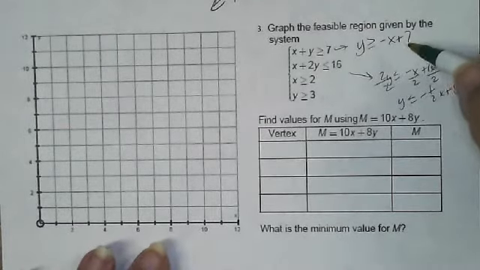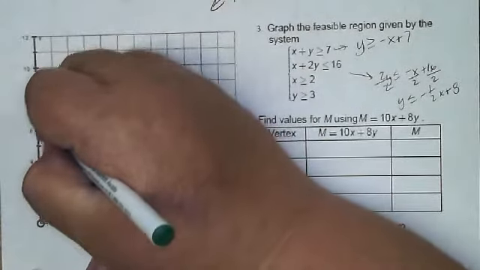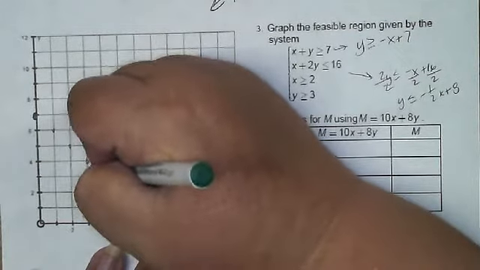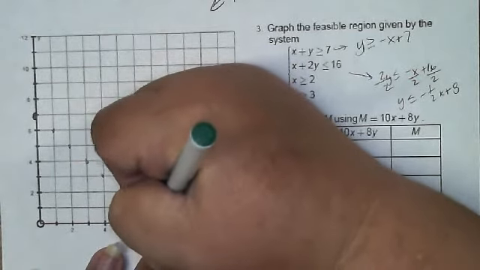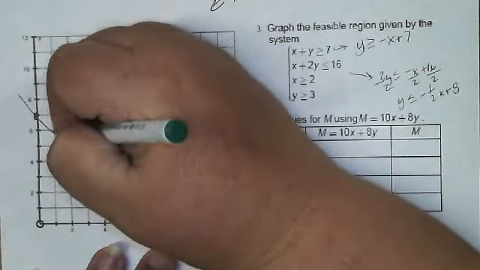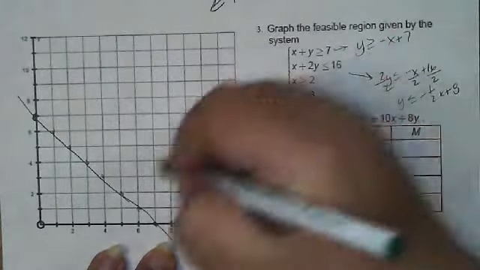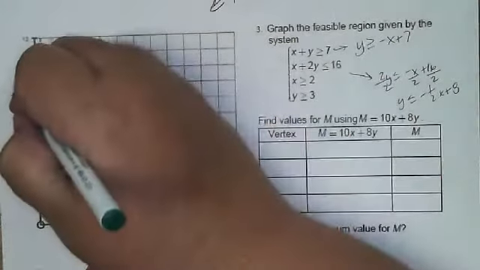So let's start with this first one in graphing. So we start at the positive 7, and because it's down 1 over 1, all the lines for this particular problem are solid, and because it's greater than, it's shaded above.